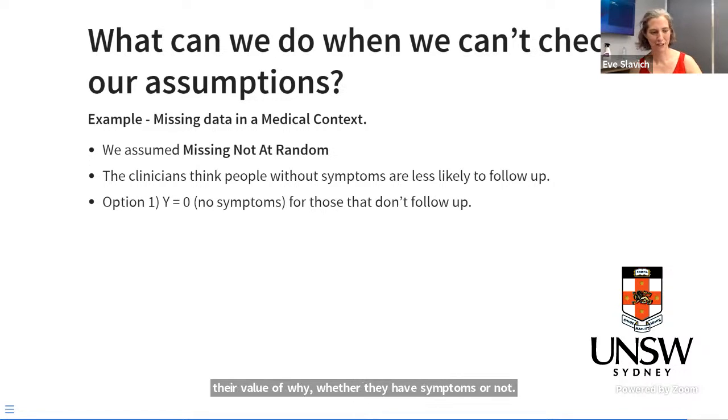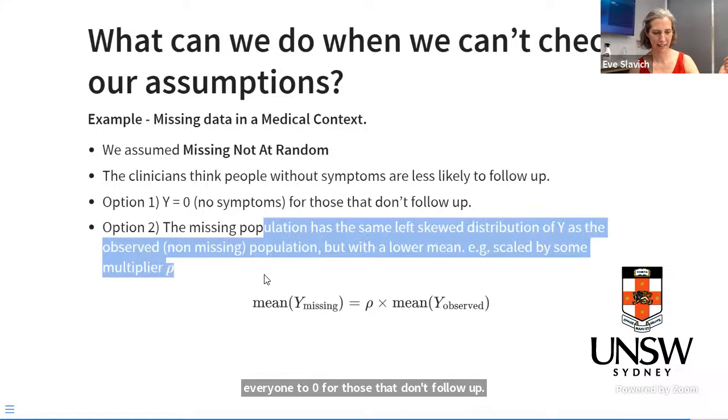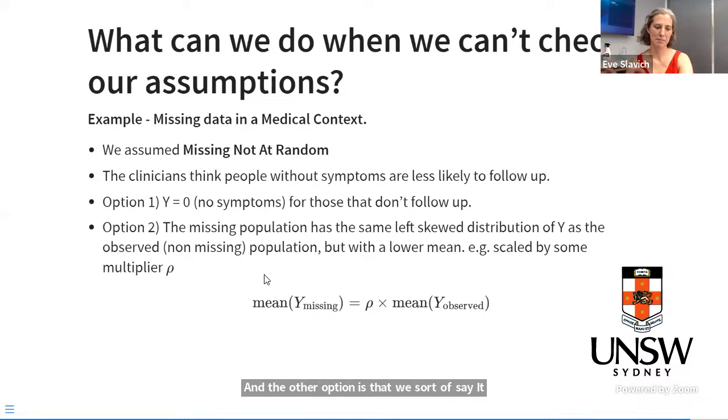So one option for imputing Y is that we just set everyone to 0 for those that don't follow up. And the other option is that we say it has the same kind of shape distribution of Y, where lots of people have 0 and some people have non-zeros, but the mean is going to be much lower in the missing population than the observed population.